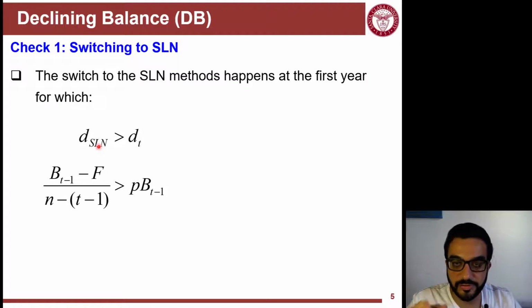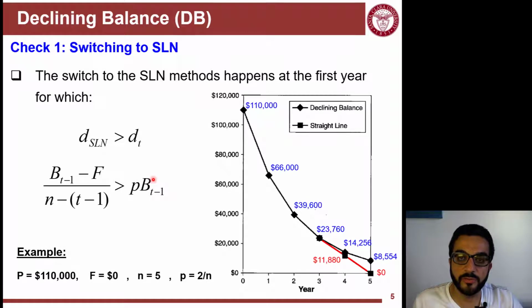But in this year, if I decide to switch to a straight line from now to the end of the asset life, and this straight line depreciation provides more depreciation than the declining balance depreciation, then you will decide to switch. So you will always follow the model of depreciation that gives you more depreciation than the other one.